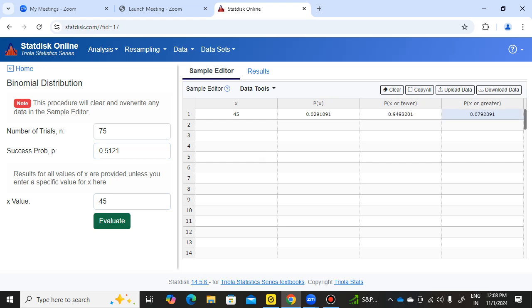That column is now 0.0792891. And back down to equal, we'll do 29 or greater. So for more than 28, we're looking at 0.9815225. And then with probability of 0.5121, we're looking at 0.9891522.